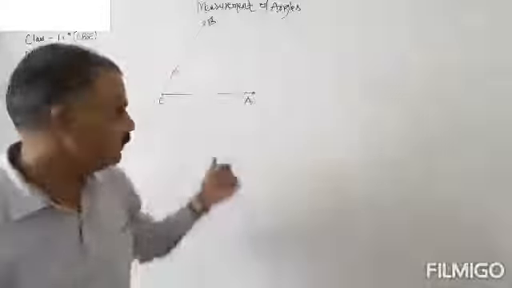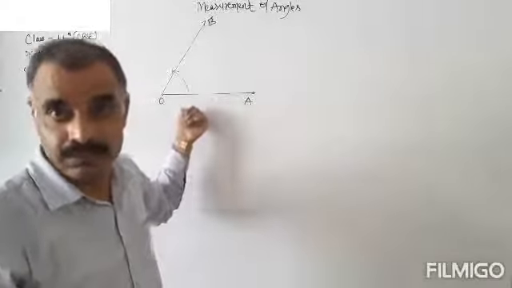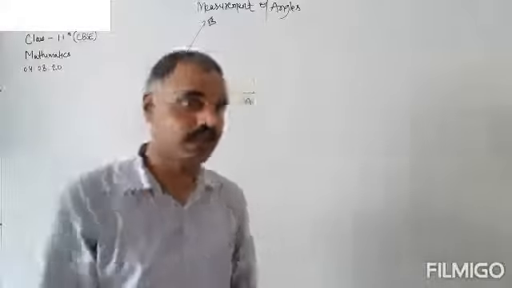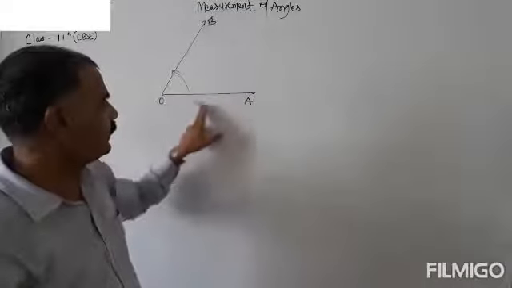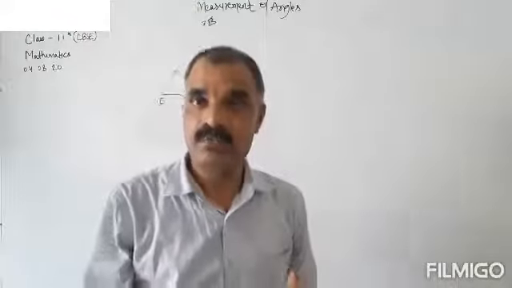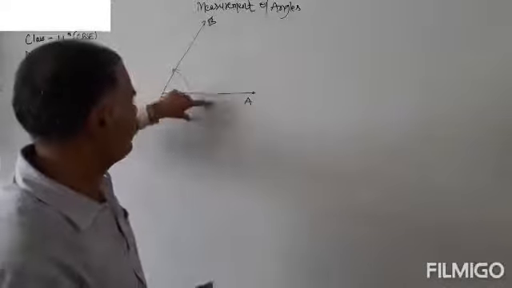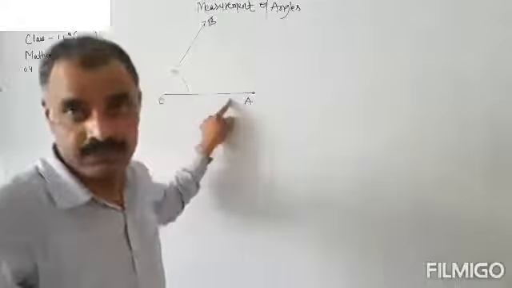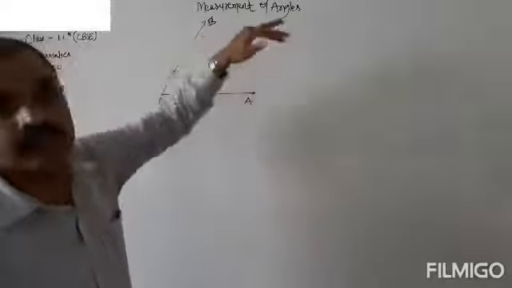For any ray, the point where the ray starts is the initial point, and the point at which the ray terminates is the terminal point. OA is the initial ray for any angle. When we rotate the initial ray OA in anti-clockwise direction, it takes the position OB.